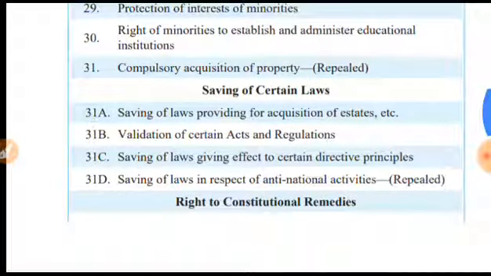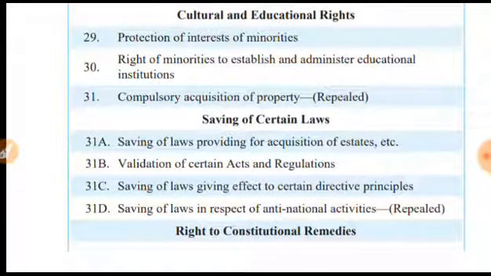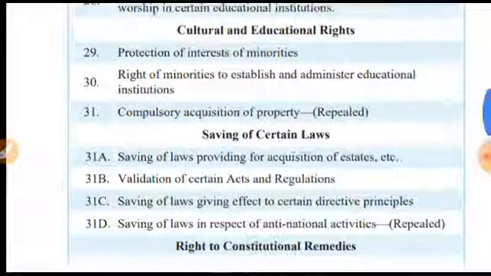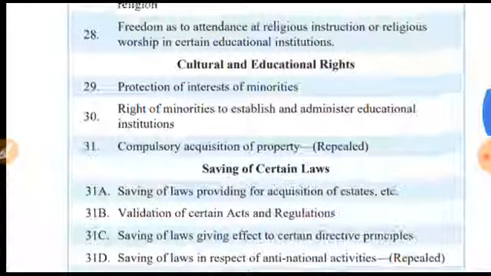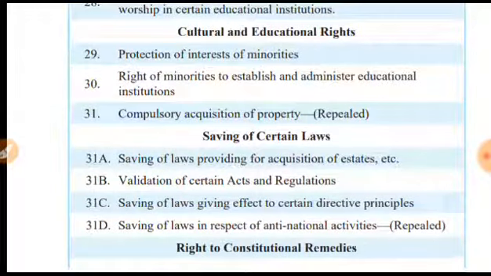Article 30 is mainly the right of minorities to establish and administer educational institutions. So Articles 29 to 31 are cultural and educational rights.